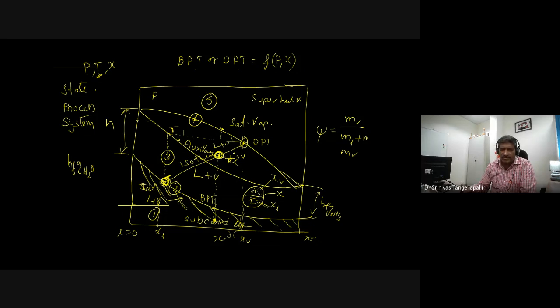This inclined line follows the lever rule. What is the meaning of this lever rule? This is the mass of vapor and this is the mass of liquid. Taking points A, B and C, the mass of the vapor is directly proportional to the length AB, and the mass of the liquid, ml, is proportional to the length BC.